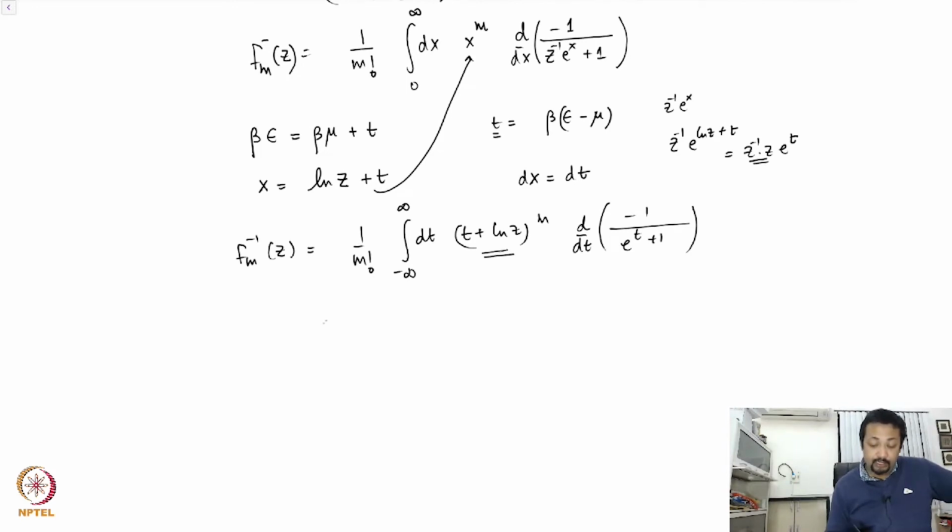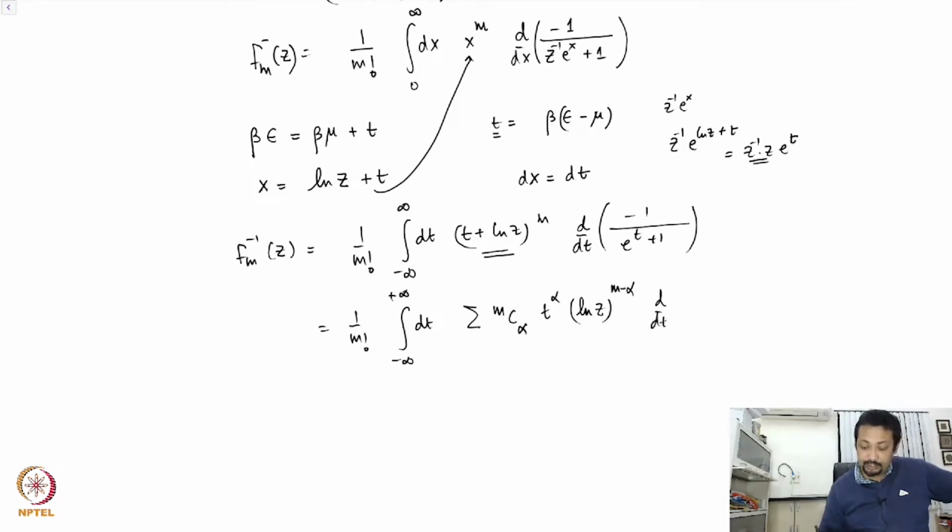Now this is a binomial expansion. I can do a binomial expansion over here, and this expansion is going to be m C alpha t to the power alpha ln z raised to the power m minus alpha, d dt of minus 1 over e to the power t plus 1.